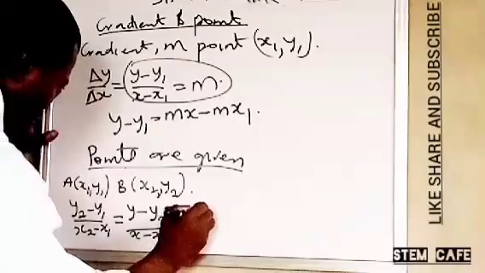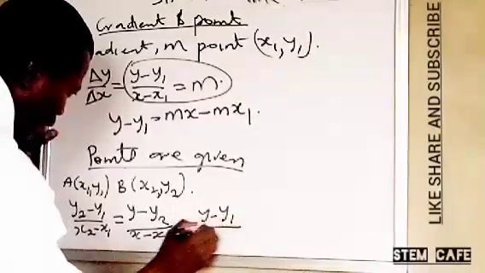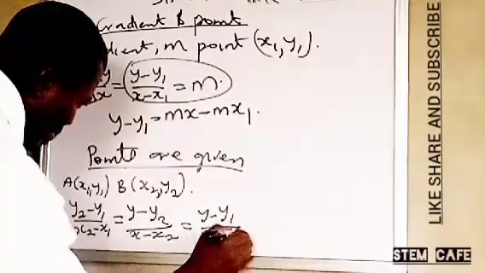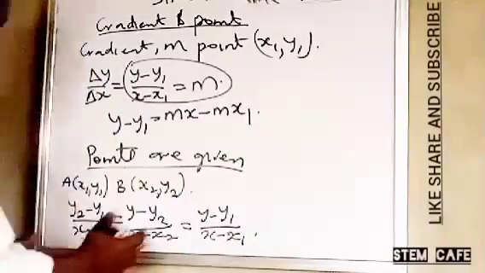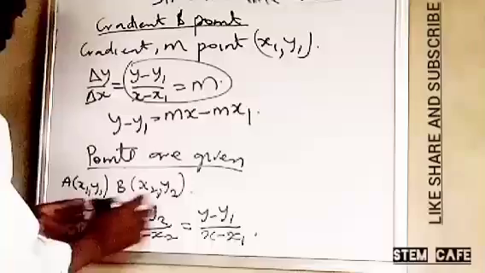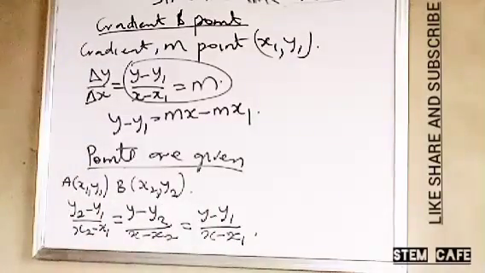It will also be equal to y minus y1 over x minus x1. So, just equating any two of these, you will get the equation of that straight line.